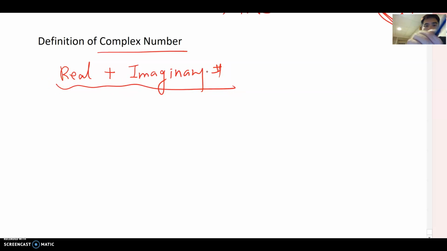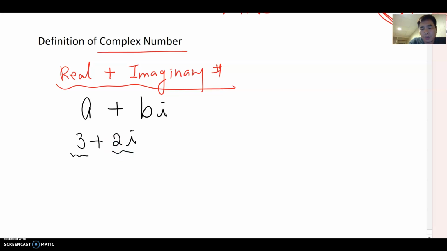We can write the form as a plus bi here. So whenever we have 3 plus 2i, this is the real number term, this is the imaginary number term. Combined together we call it a complex number.